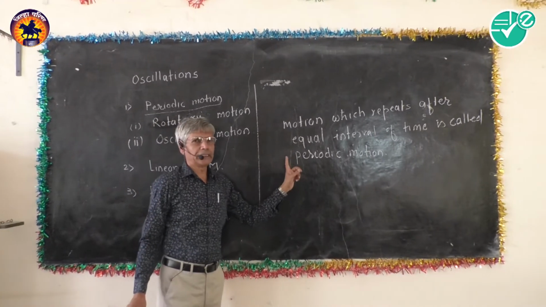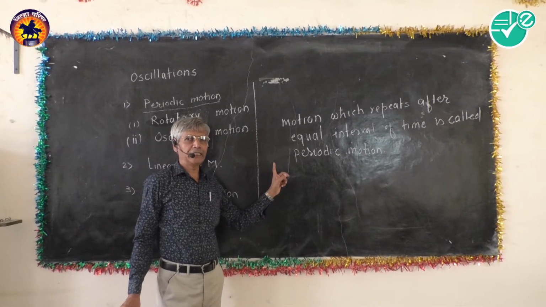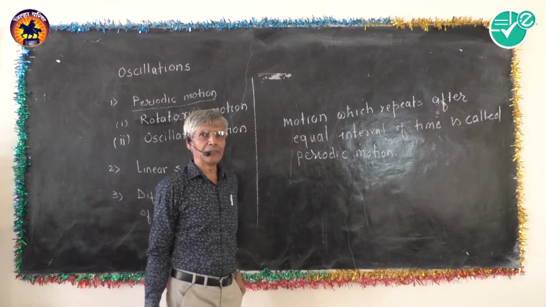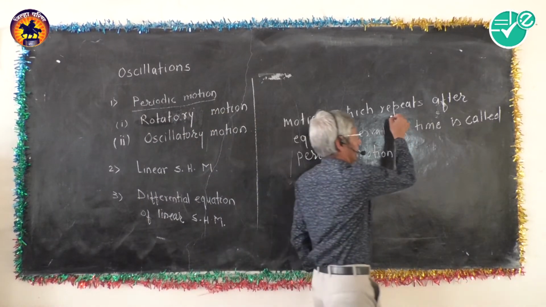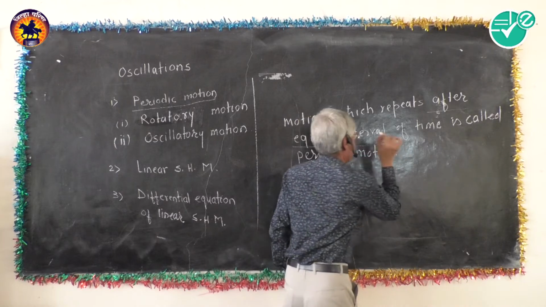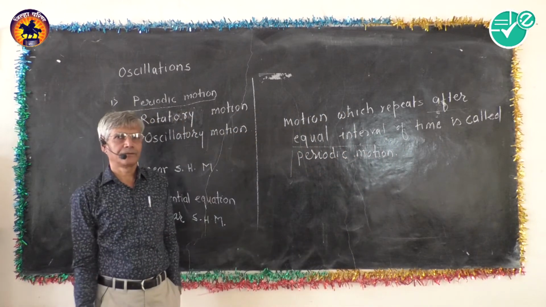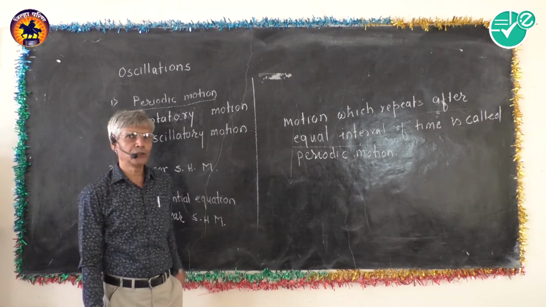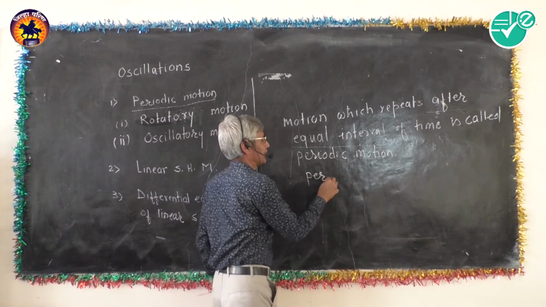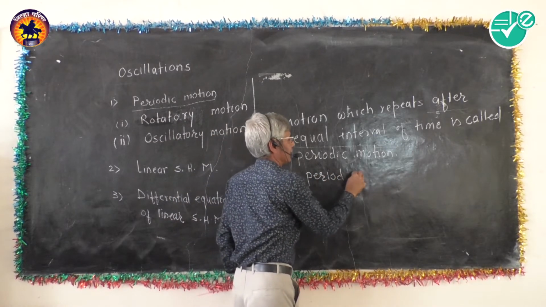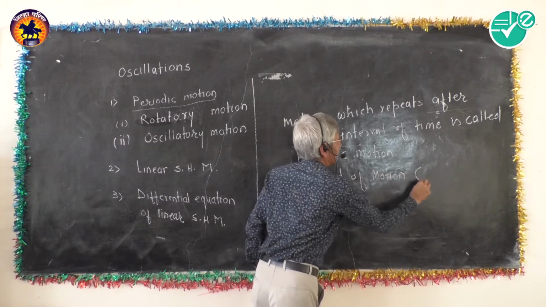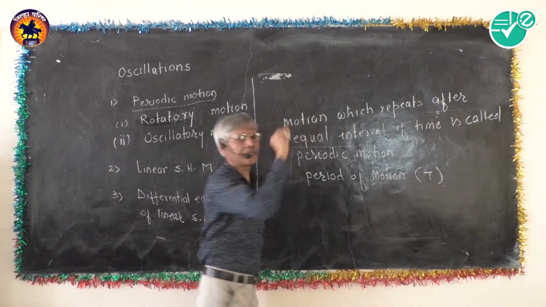Or alternatively, we can say that the periodic motion is defined as the motion which repeats after equal time interval. The time interval after which the motion is repeated is called period of motion, represented by capital T.